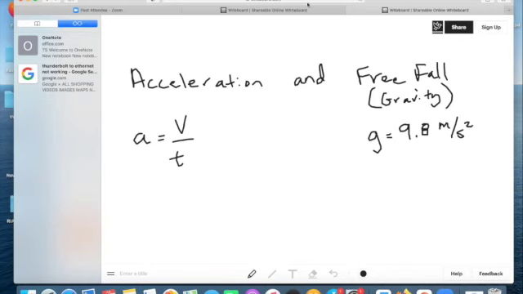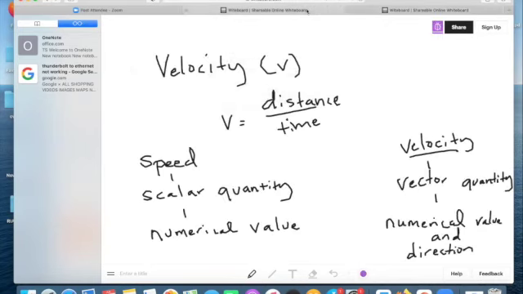All right, so let's discuss SI units. We know that distance is in meters, and we know that time is in seconds. So the SI unit for velocity is going to be meters over seconds.